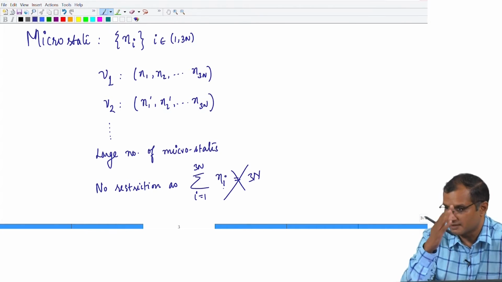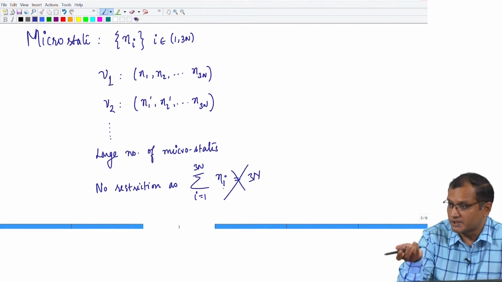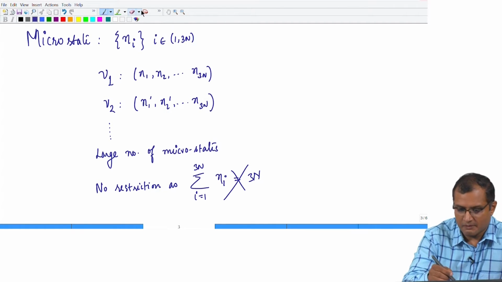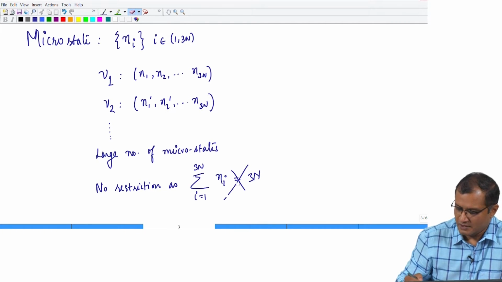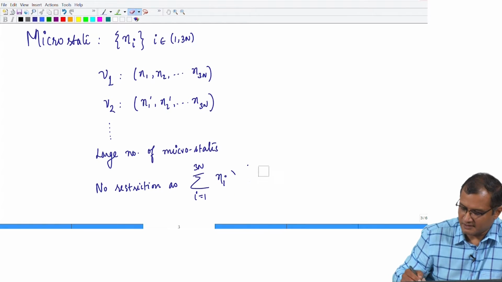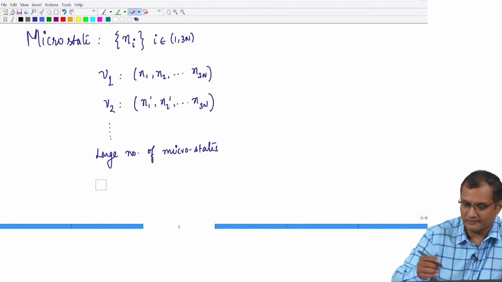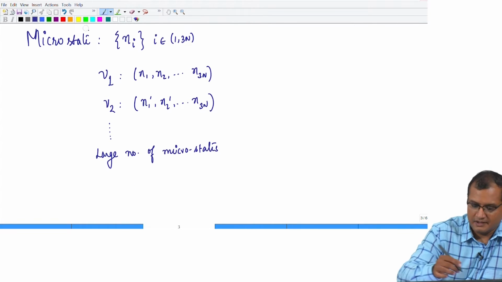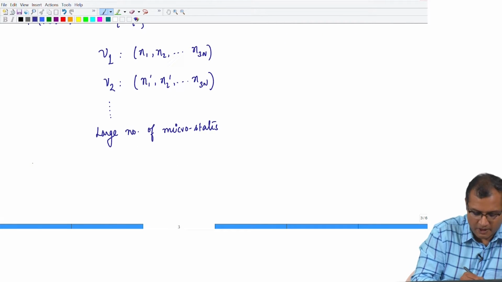It could be in any excited state. So, we do not have to conserve the number of these virtual bosons, in this case the phonons. Their number is not conserved, and so this number is not fixed. Okay. So, how would we write down the partition function?